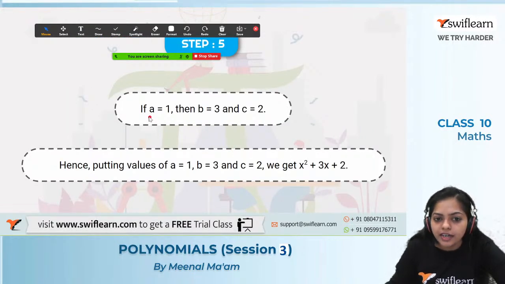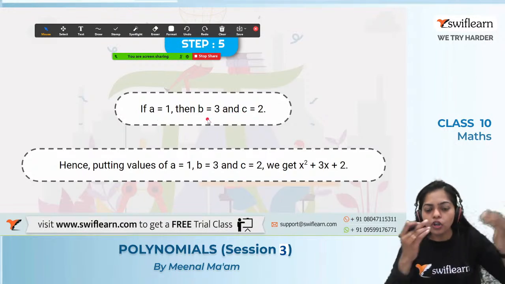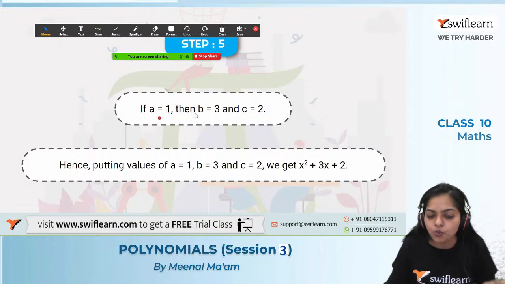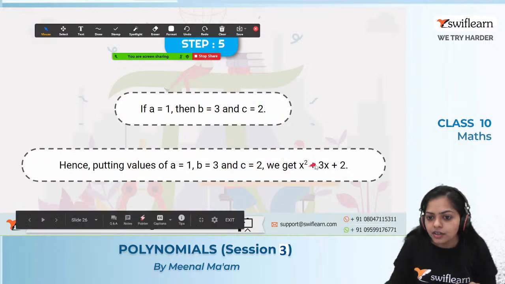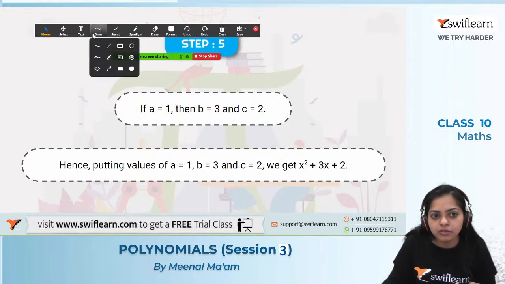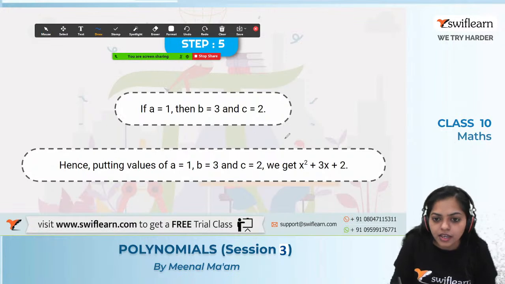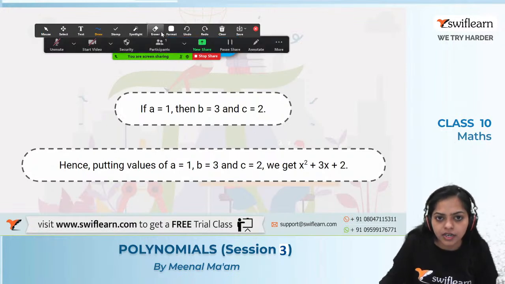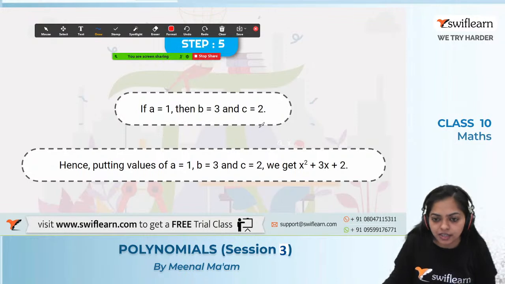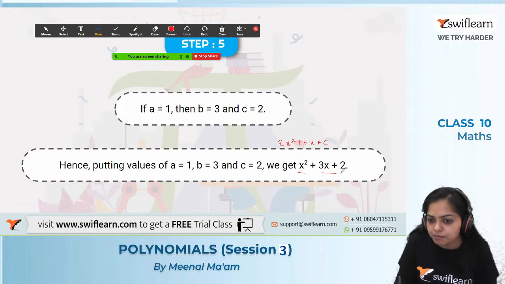So what will I get, if a equals 1, b equals 3 and c equals 2, from all those steps? a is equal to 1, b equals 3 and c equals 2. And if I put these values into the assumed quadratic equation, ax square plus bx plus c, what will I get? x square plus 3x plus 2.